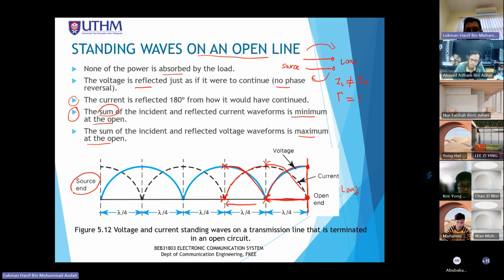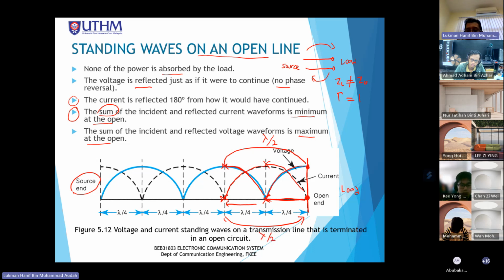And you see that between two maxima the distance is lambda over 2, and between two minima the distance is lambda over 2.